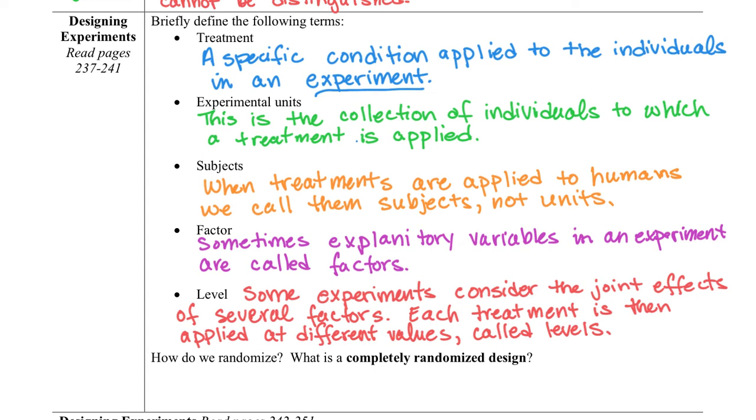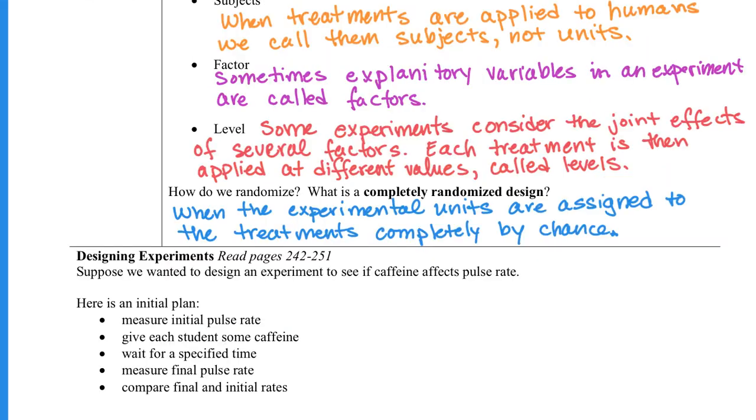Some patients would not receive the drug at all, and then maybe some patients or subjects would receive the drug plus maybe some kind of physical therapy. And maybe some patients would receive the physical therapy but not the drug. So those are all different levels that I've created together. So each one of those different combinations would be the level of their treatment.